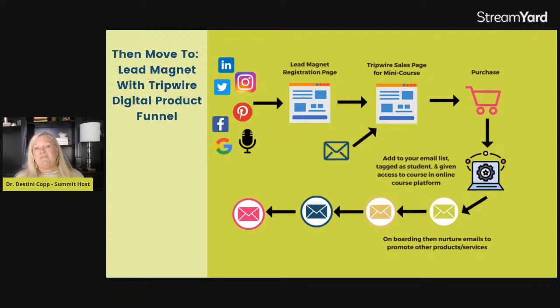So start with a very, very basic lead magnet and the thank you page. Once you create your digital product, and it could be as simple as a mini course, I want you to turn that into a tripwire. So you're going to make a sales page for it, switch out that thank you page, and then you're going to offer them that. Now, there is a presentation.